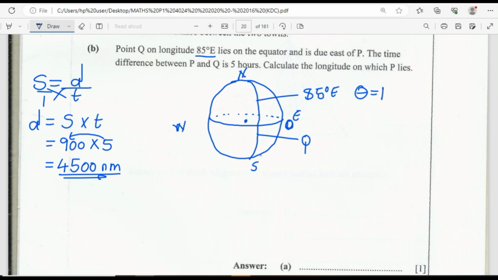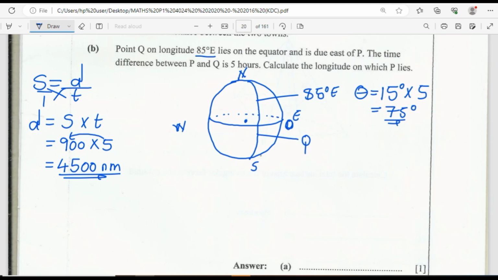So in our case, we'll say 15 times 5. 15 times 5 will just give us 75 degrees. Now, Q is on longitude 85 degrees east, and the difference between the two is 75.